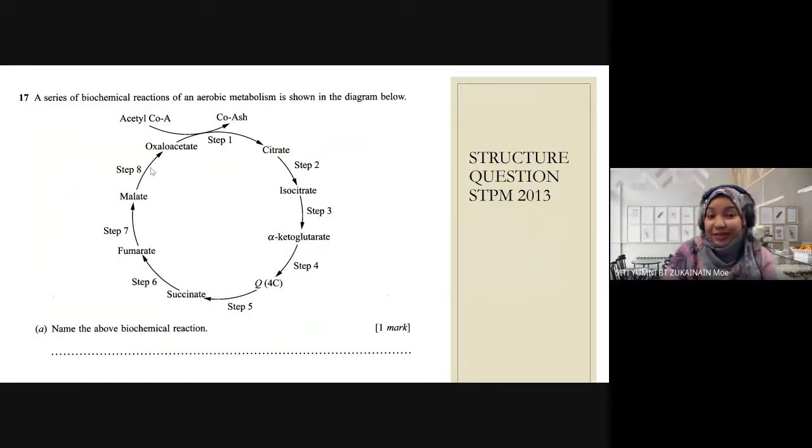It is the 8 steps in the Krebs cycle, same as the previous question. Name the above biochemical reaction. Of course, this is the Krebs cycle, or citric acid cycle, or tricarboxylic acid cycle.